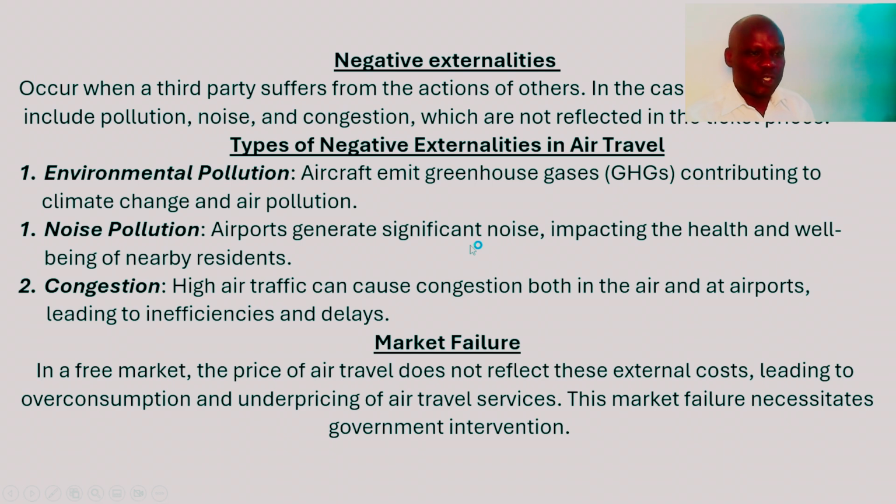In the first case, we need to consider what we mean by negative externalities. Negative externalities occur when a third party suffers from the actions of others. Now, in the case of air travel, these include pollution, noise, and congestion, which are not reflected in the ticket prices.